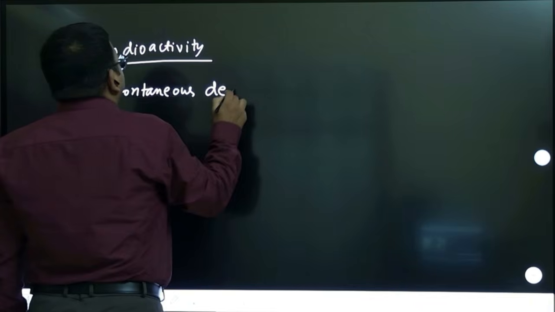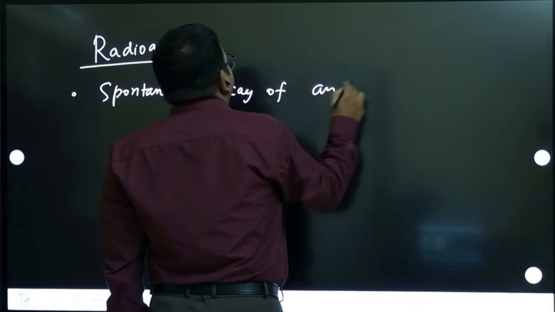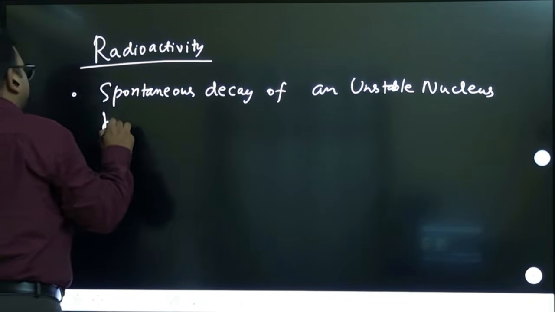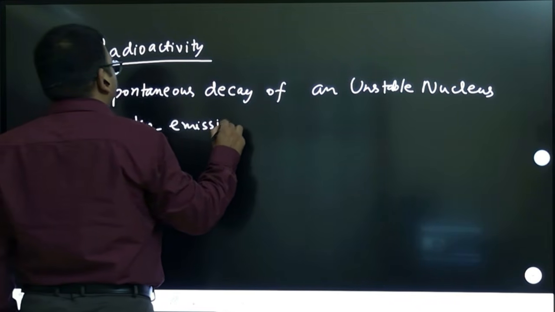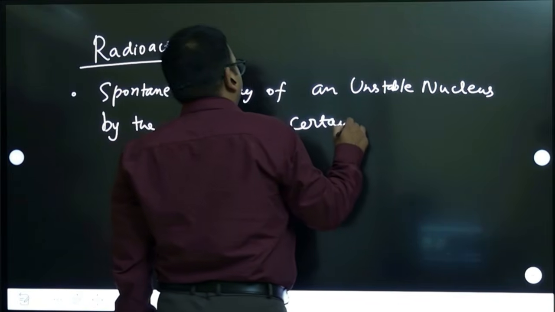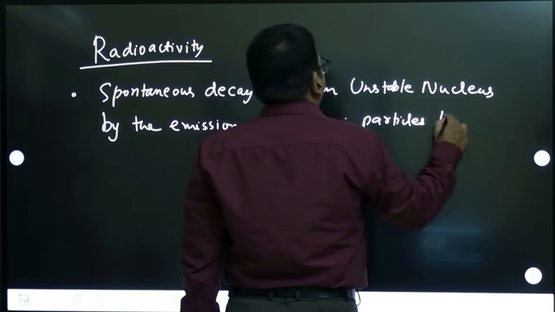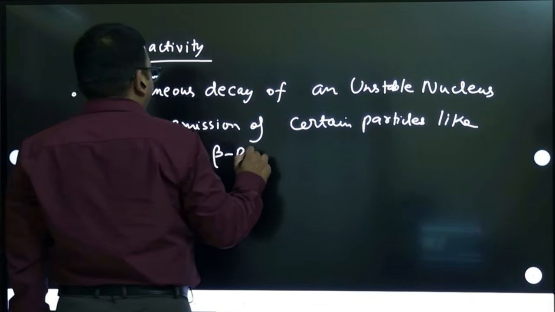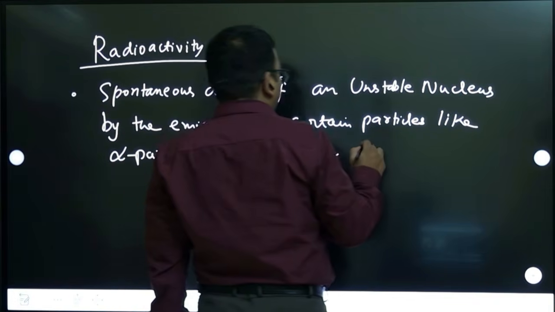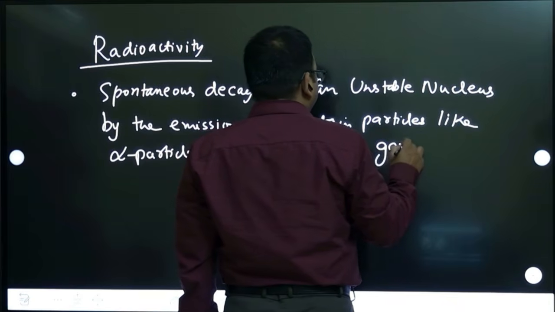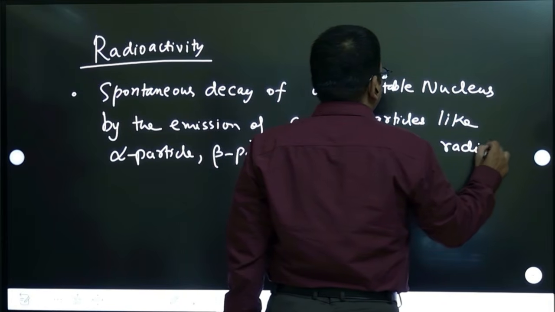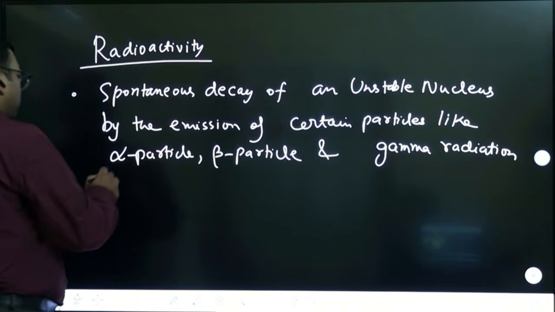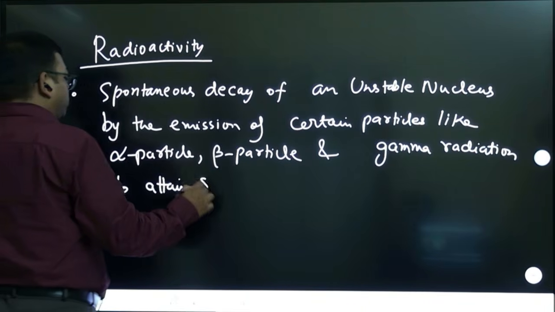Spontaneous decay of an unstable nucleus by the emission of certain particles like alpha particle, beta particle, and gamma radiation to attain stability.